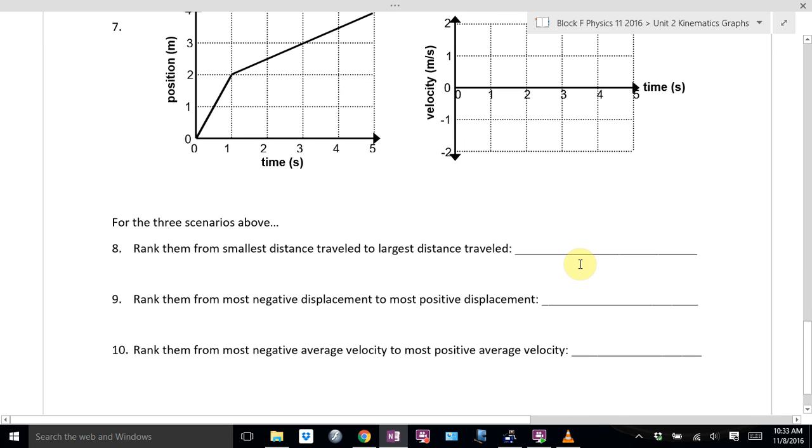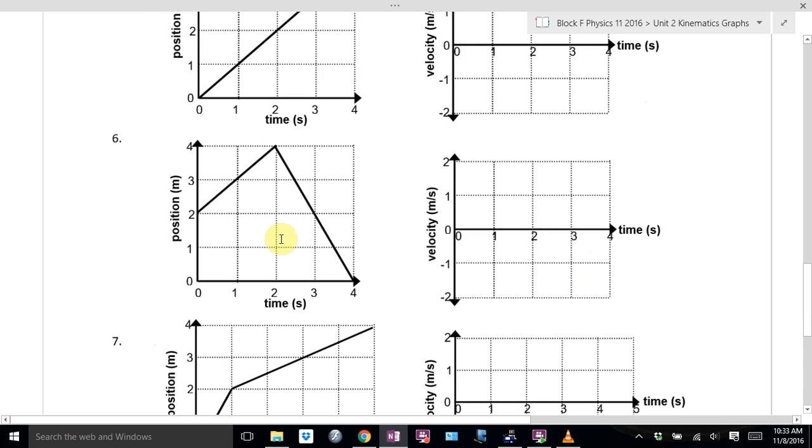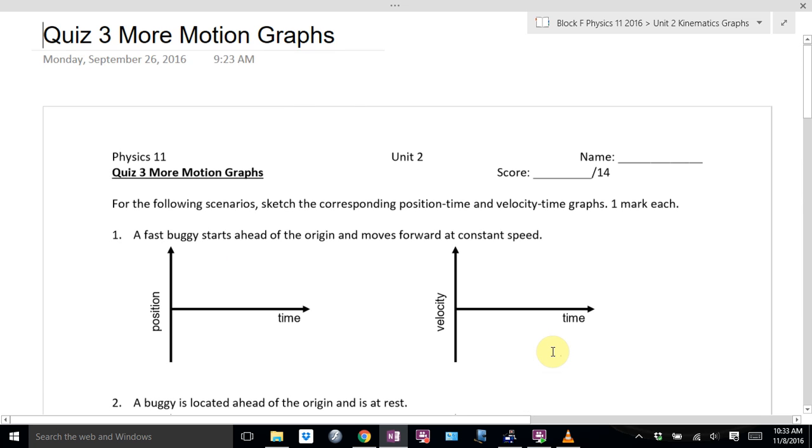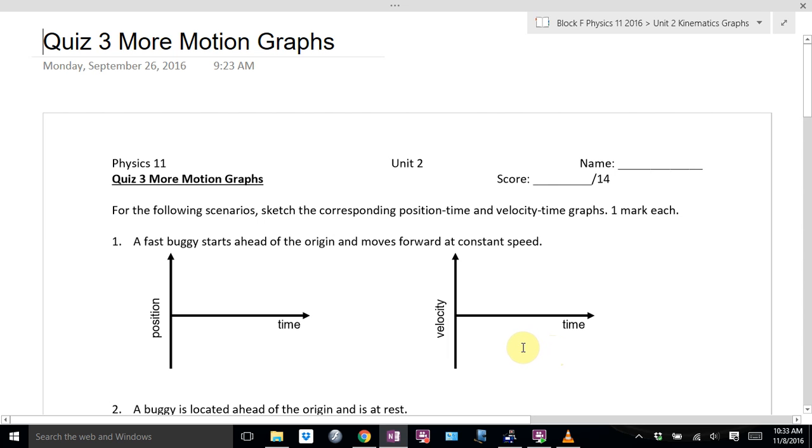Then number 8, number 9, and number 10 says, for the 3 graphs above, that's 5, 6, and 7, rank them from smallest distance traveled to largest distance traveled, rank them from most negative displacement to most positive displacement, rank them from most negative average velocity to most positive average velocity. This quiz is out of 14. This is due Tuesday, but I'm trying to give you 8 minutes. If you want to get it done in class, I think you can.